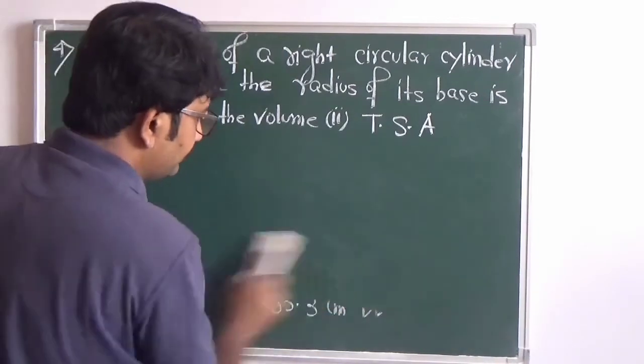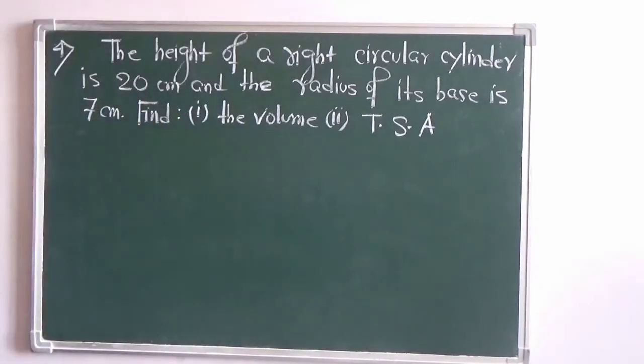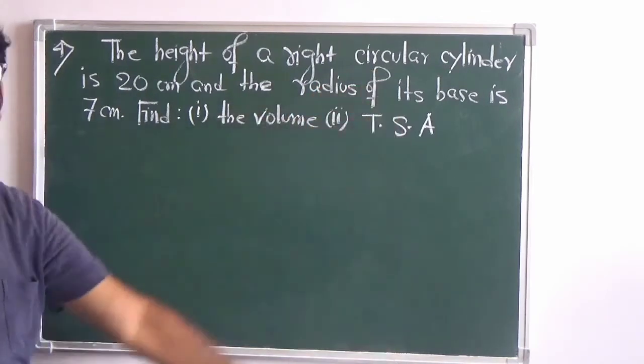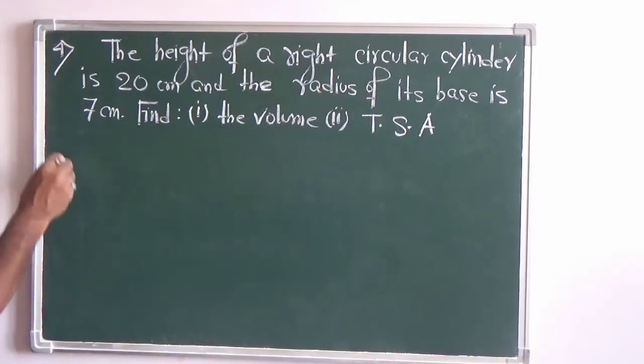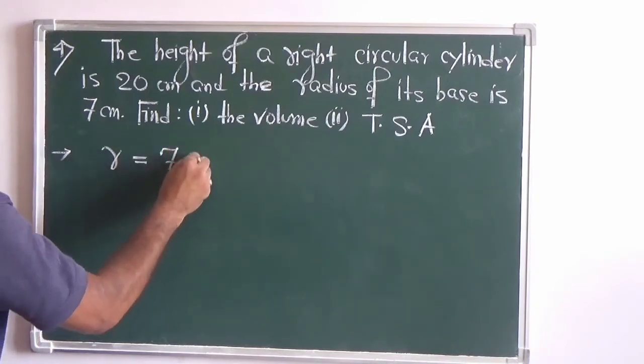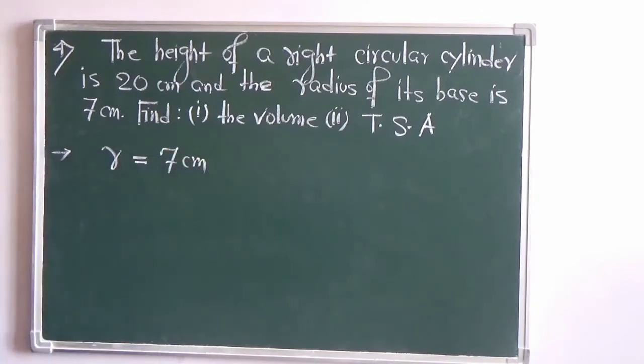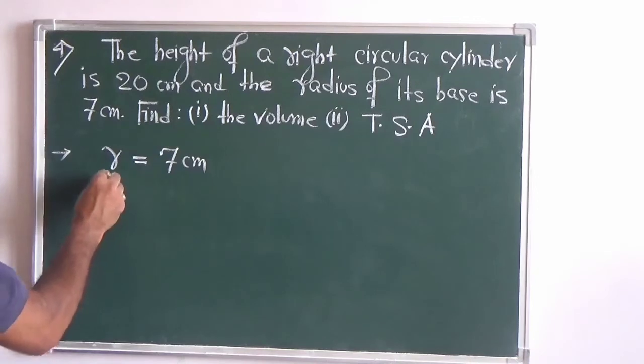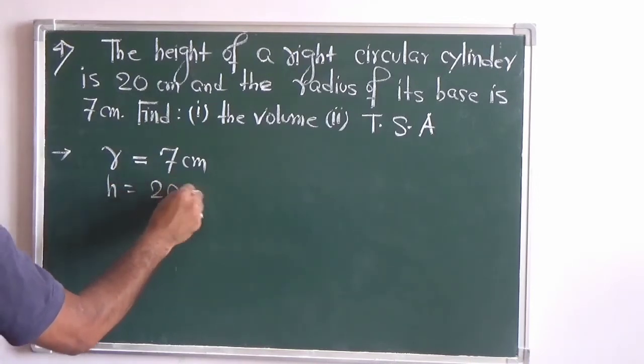7 centimeter is the radius or diameter? 7 centimeter is written as the radius of the base. So we are given the value of R as 7 centimeter, and the height of the cylinder H is 20 centimeters.